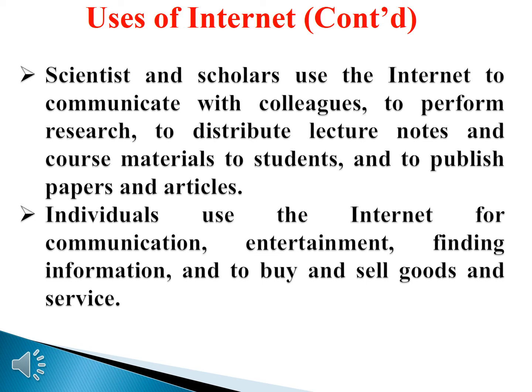They are using it for communication and for their own entertainment. If they want to search or find any information, they use the internet, or to buy or sell different goods, as online business is growing nowadays. So like this, these are the different uses of internet.